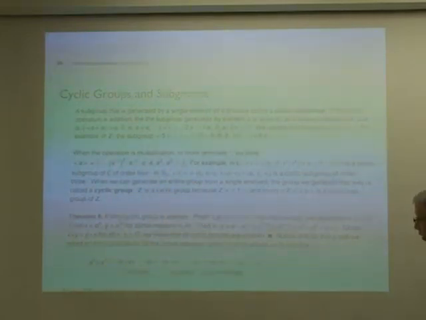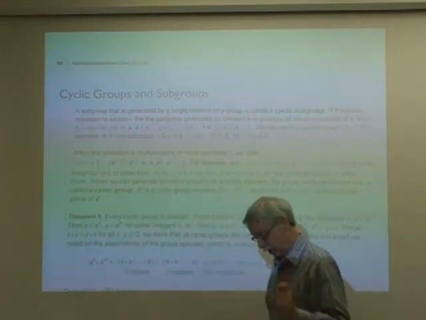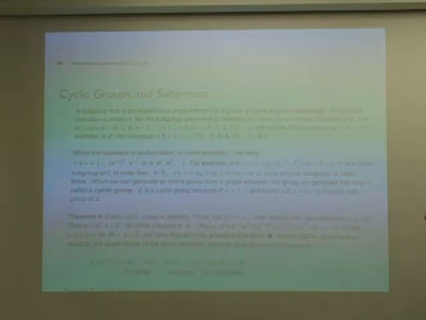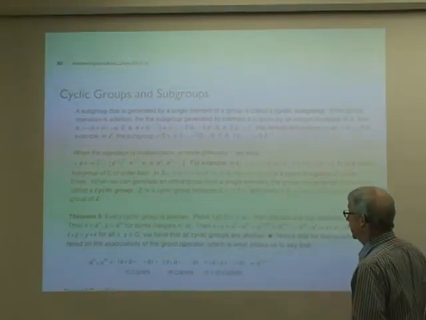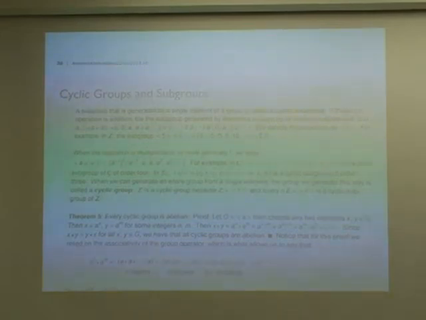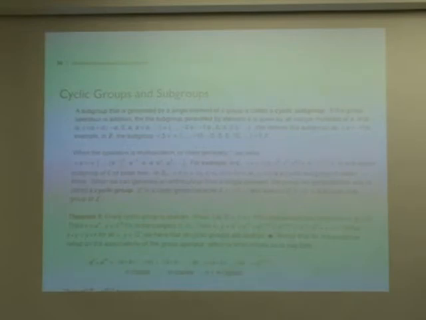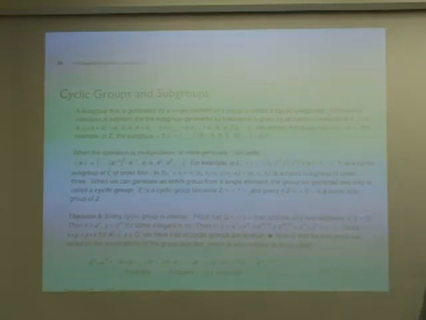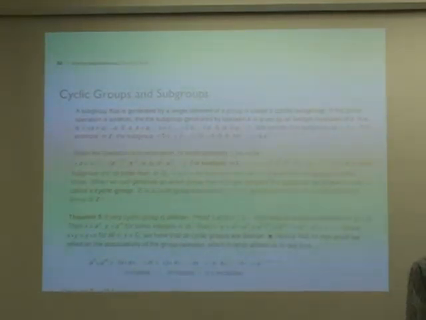Or the best way to think about it is, if I start with an element, I take it and its inverse and generate all powers, right? If multiplication is the rule, or if addition is the rule, I take all multiples, right? So nZ, generated by n, is a cyclic subgroup of Z. Right, because nZ is a subgroup, and nZ is generated by a single element, n. n, minus n. When I do this, I always include that inverse, right?